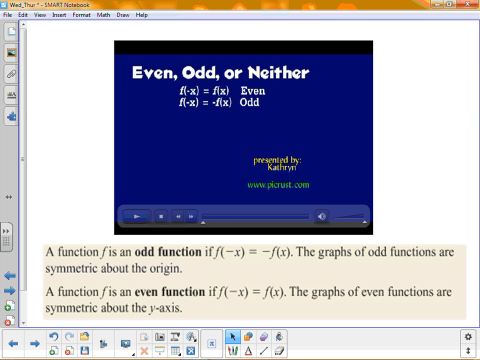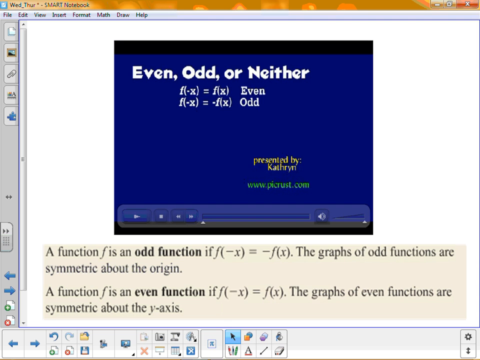The idea of a number, listen to me now, you're going to mix this up, and it's easy to mix up if you don't know what it is that we're looking for. If I were talking about numbers, the idea of a number being even is based on whether or not it's divisible by 2 evenly. For example, what's 0 divided by 2? 0.